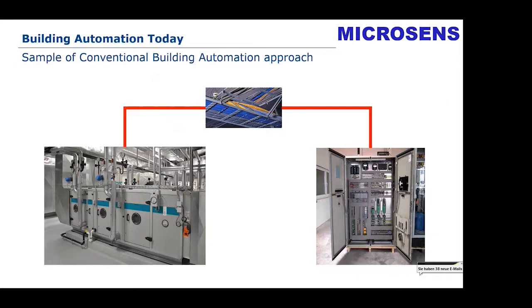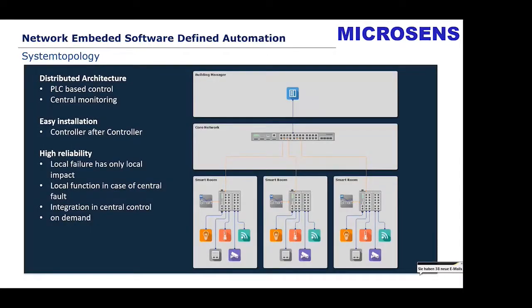What is the approach of Microsense? It's a different one. As I mentioned before, Microsense is providing only network components, and our idea was to take the network and implement data from the field directly into the network, make the treatment inside the network, and also make the output of data out of the network.